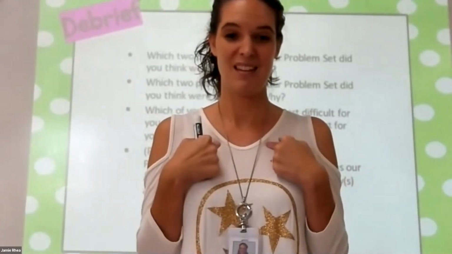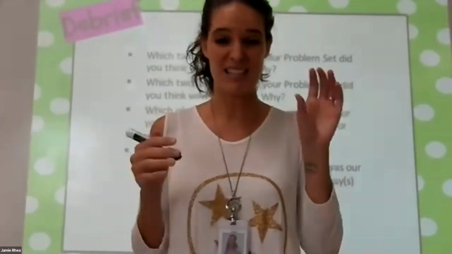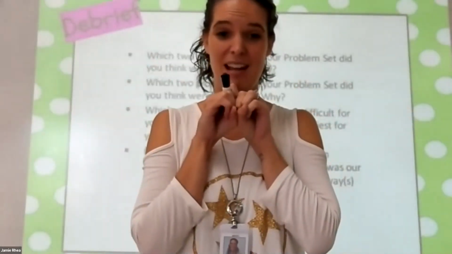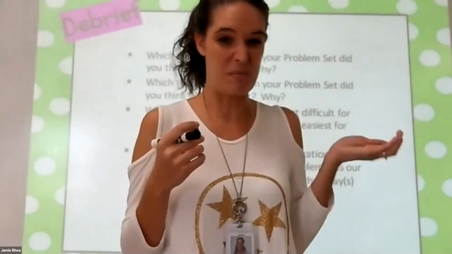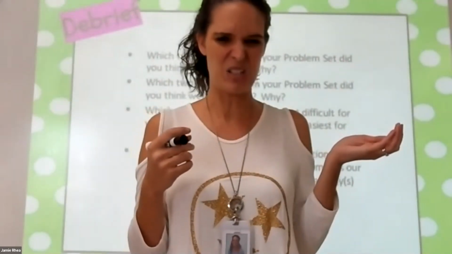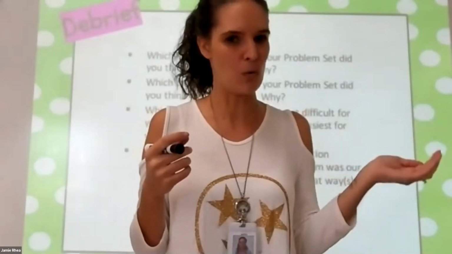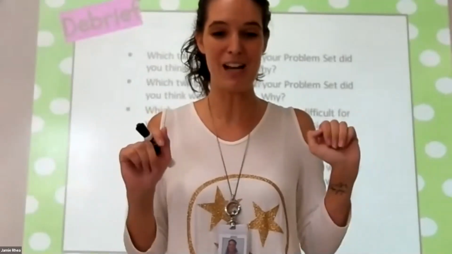If it were me, I would think that solving for my total would be easier because it gives me both parts and I can just add them together and then I can solve for my total. But when I have to solve for a part or my mystery number, it's a little harder because I have to count on to find how many more I need to make my total. So when you are working these types of problems, be careful.